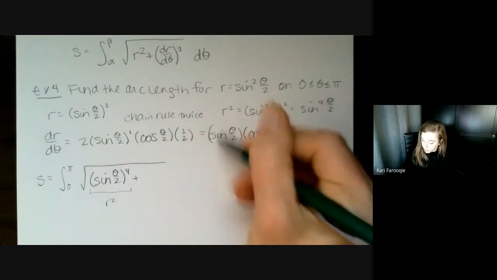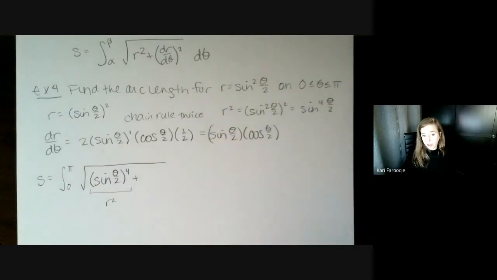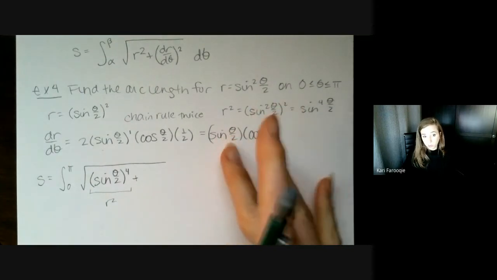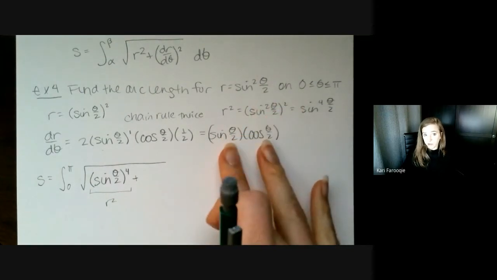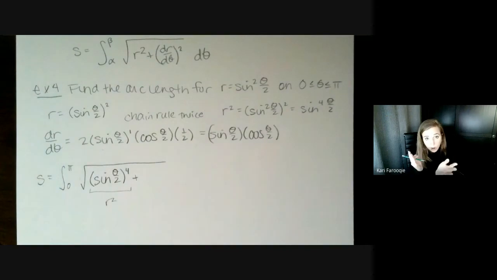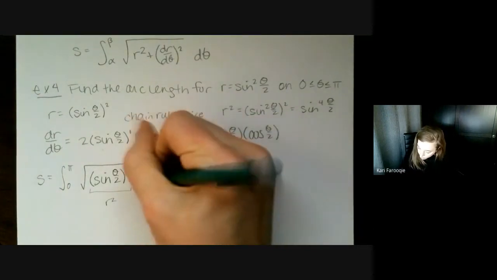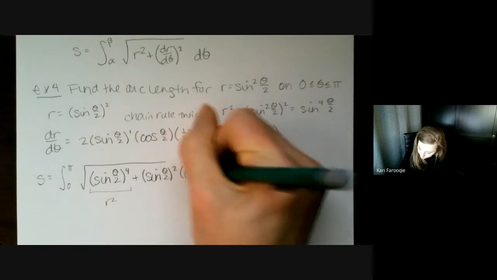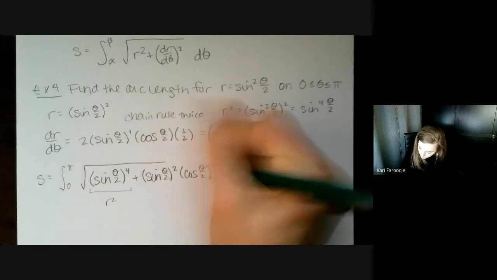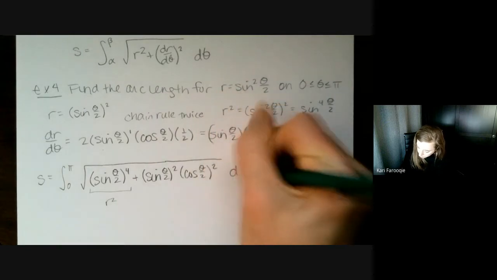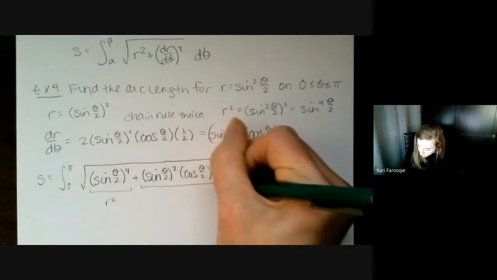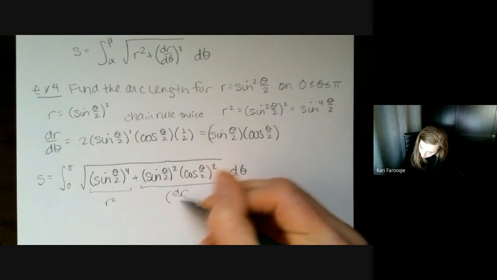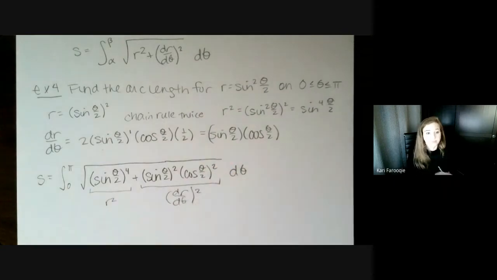So here's your dr d theta. When we square that, if I were you, I'd square each one of these factors instead of showing that entire product being squared. So this will be sine theta over 2 squared, cosine theta over 2 squared d theta. Any questions on that?